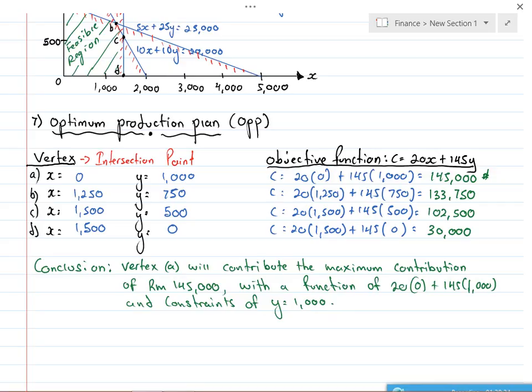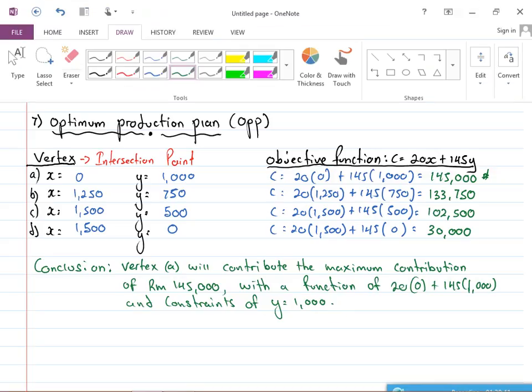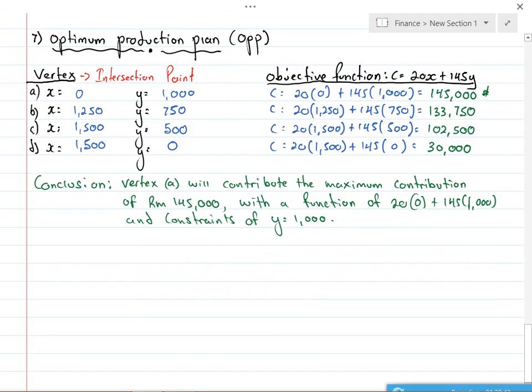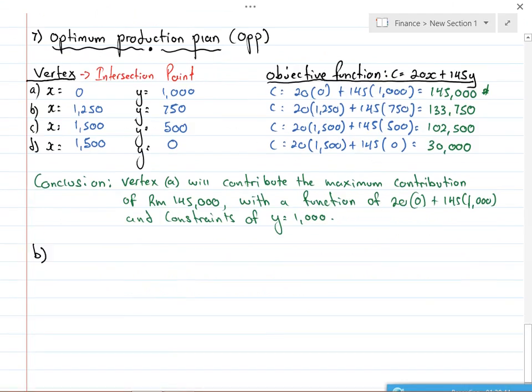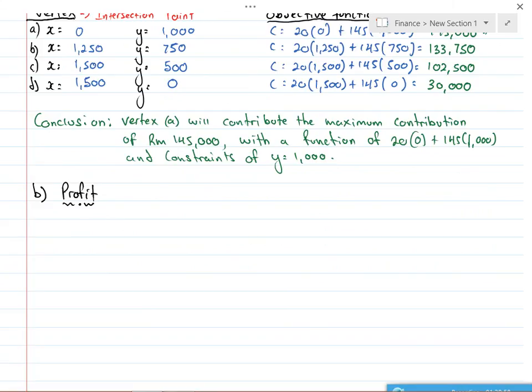Next, part B. How much a profit? Now, how do you calculate profit in costing?